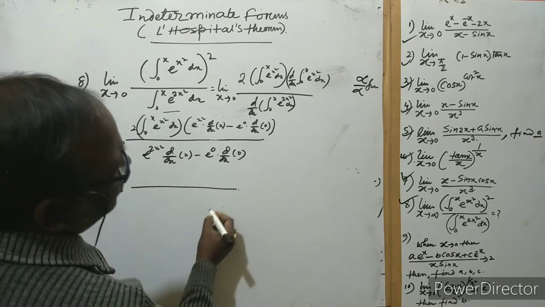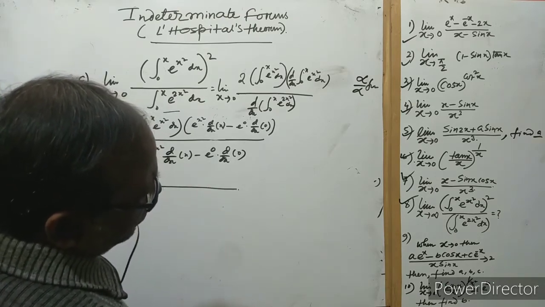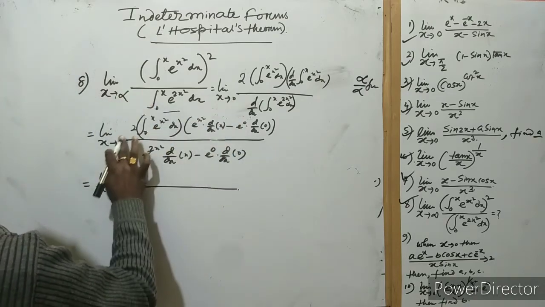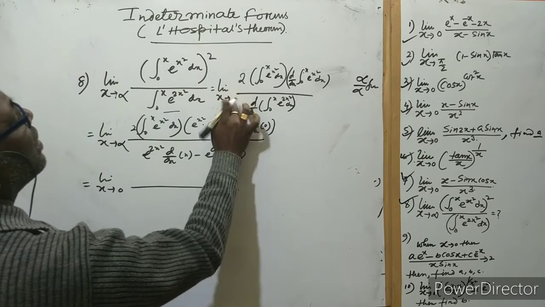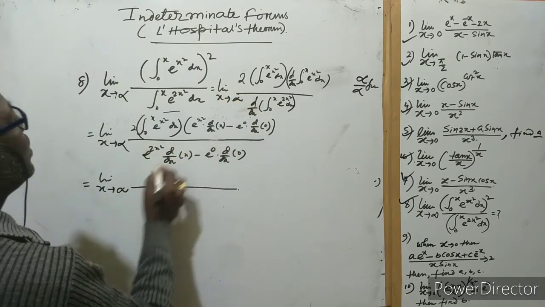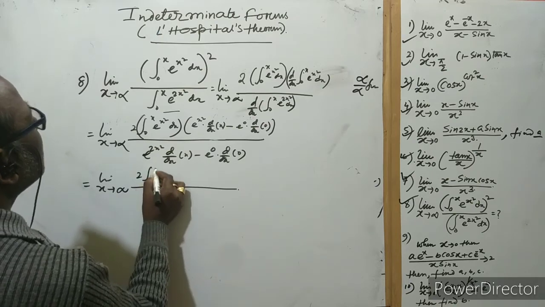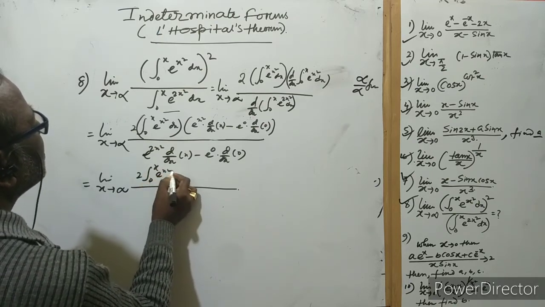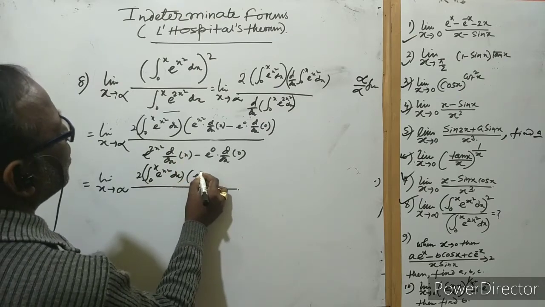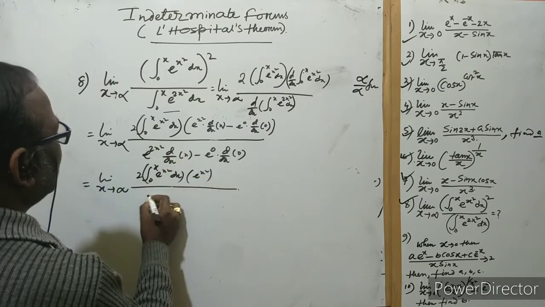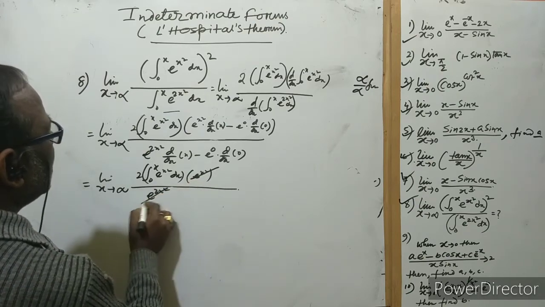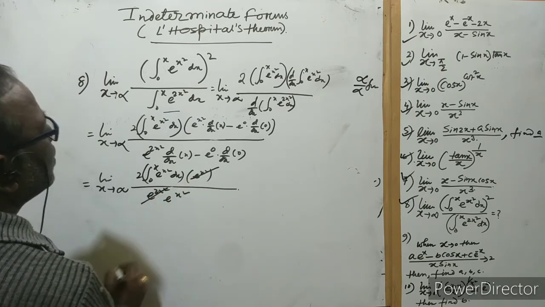Sorry, this is given as infinity, so that's why infinity. I wrote it wrongly. These all are infinity. So this is 2 into the integral 0 to x of e to the power x square dx, and this is e to the power x square only, the same as twice x square only. These two parts are cancelled, so you get e to the power x square.